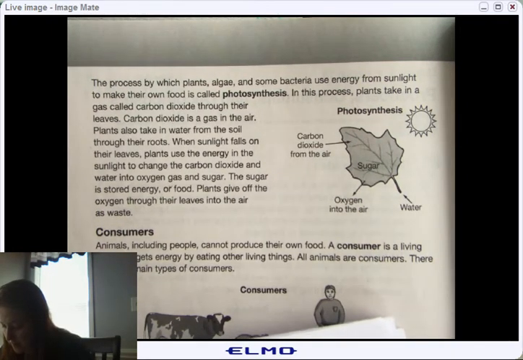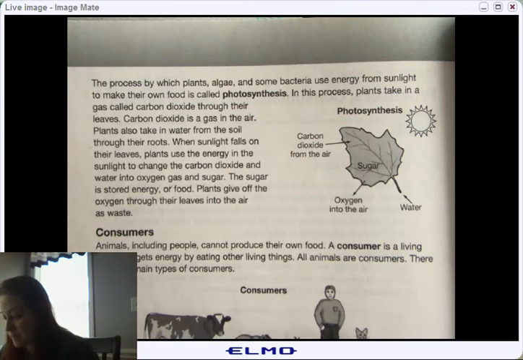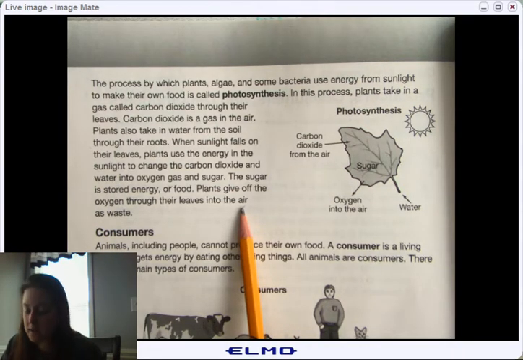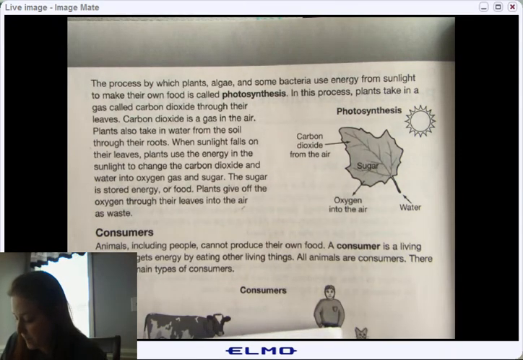The sugar is stored energy or food, and oxygen is released through the leaves into the air as waste.